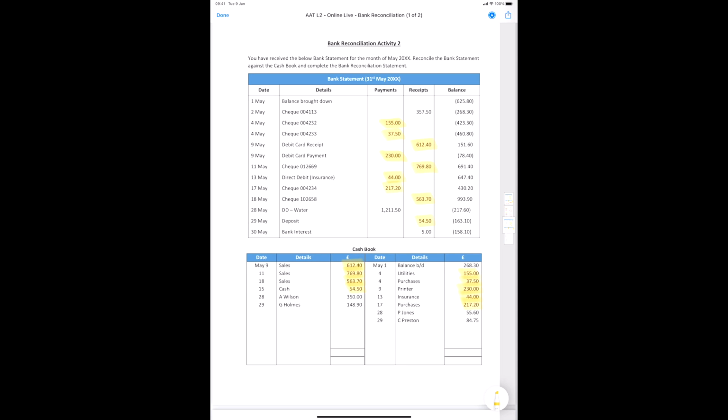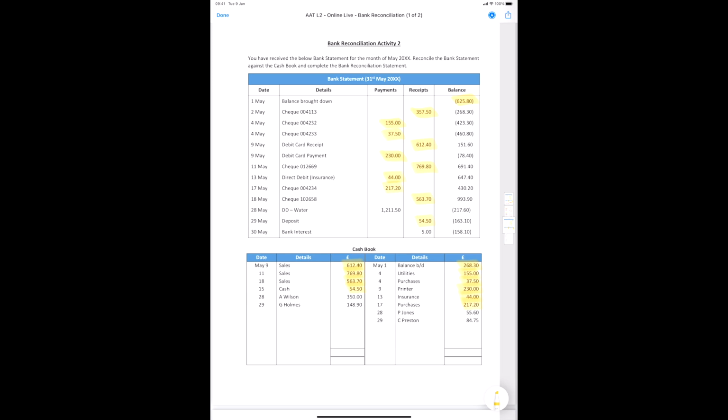So what we do in this case is we reconcile the three transactions together, because we're recognizing that this receipt for £357.50 is just a timing difference, which has just appeared on the bank statement this month, but would have been included in the cash book in the previous month. One of the key things you need to look out for, because it is likely to appear in a scenario that you are working with.